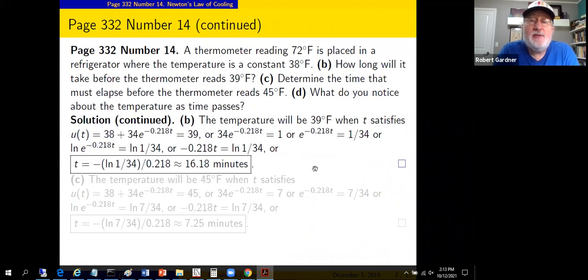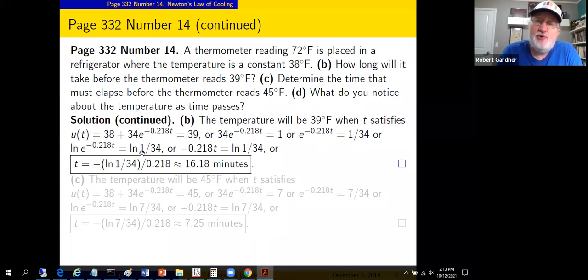Part B asks, how long will it take before the temperature reads 39 degrees Fahrenheit? Okay, notice the refrigerator is set at 38 degrees, so it's cooling down towards 38 degrees. The temperature will be 39 degrees when T satisfies the equation, function evaluated at T equals 39.